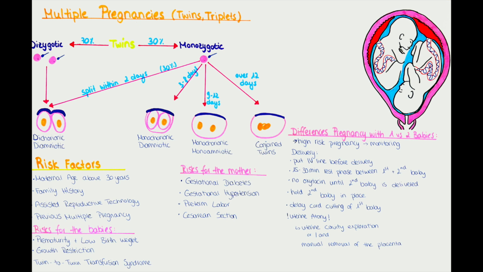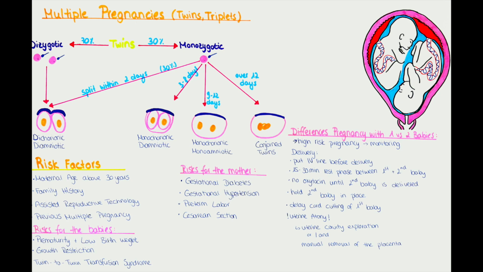What are risks for the babies in a multiple pregnancy? Multiple pregnancies have a higher risk of premature birth and low birth weight compared to singleton pregnancies. Some multiples may experience growth restriction due to limited space in the uterus. Important is also that we talk about twin-to-twin transfusion syndrome.